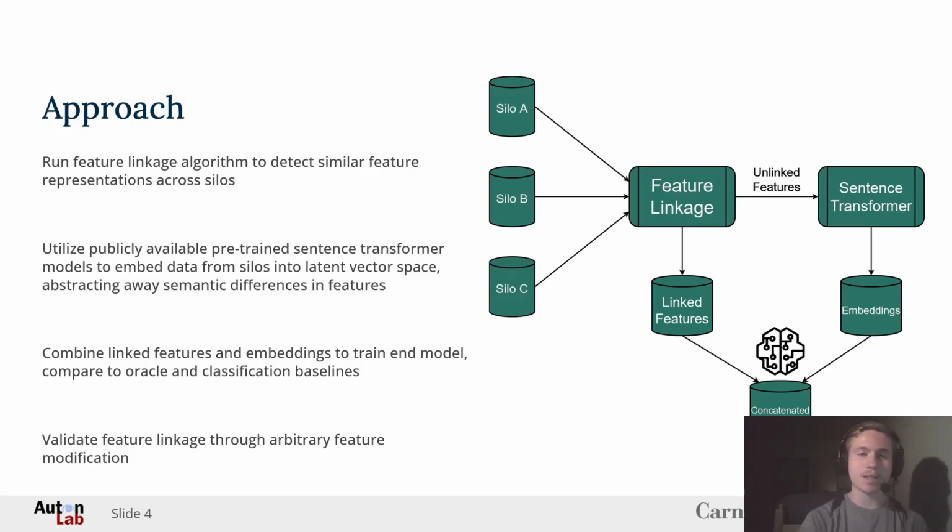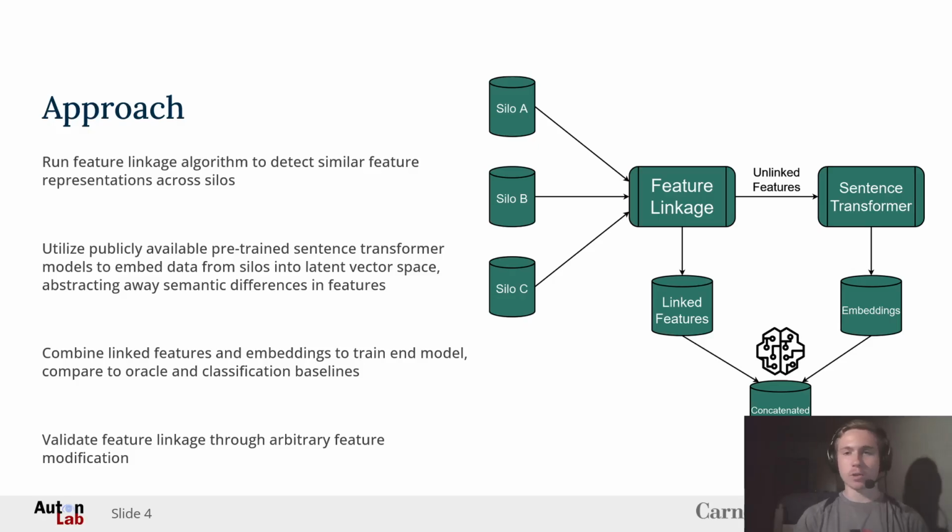And that is because some features may be common across all silos, and we want to identify those and bring those into our end result, concatenated data in this case, without any transformations at all.